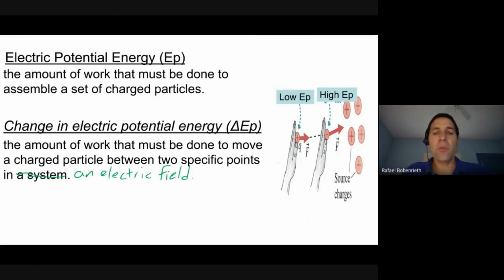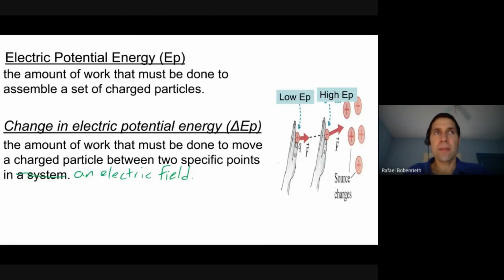And so the change in electric potential energy of a test charge within that field is the amount of work that must be done to move a charged particle between 2 specific points within that field. Okay. So let's keep this in mind because we're going to develop this concept even further.